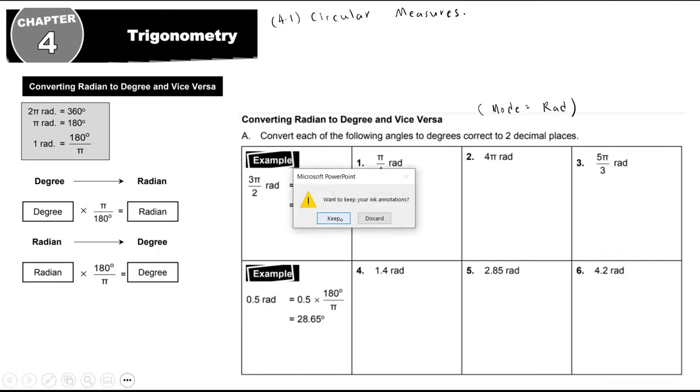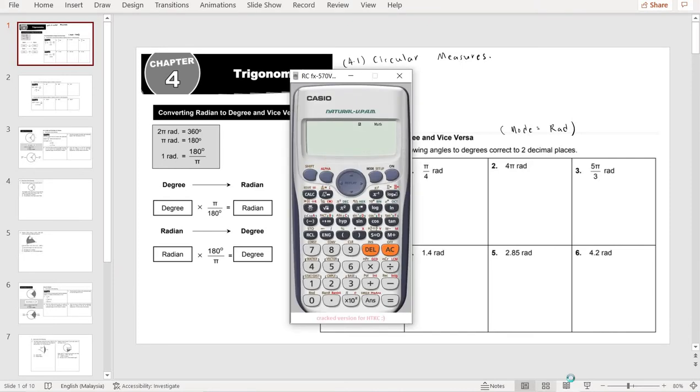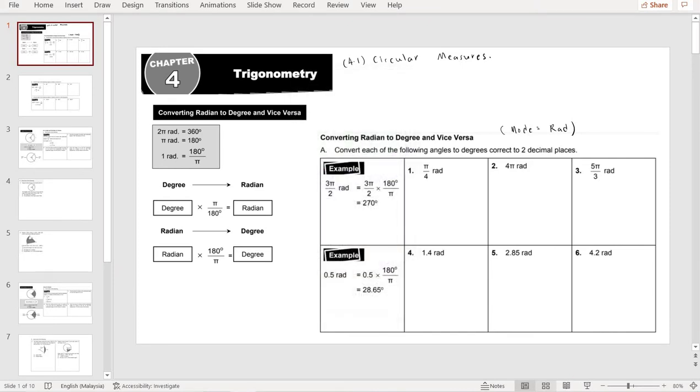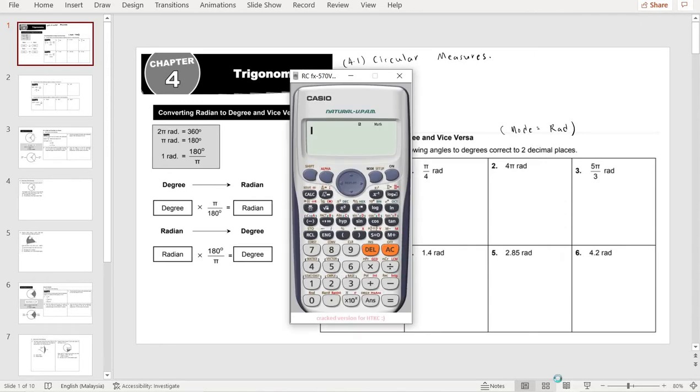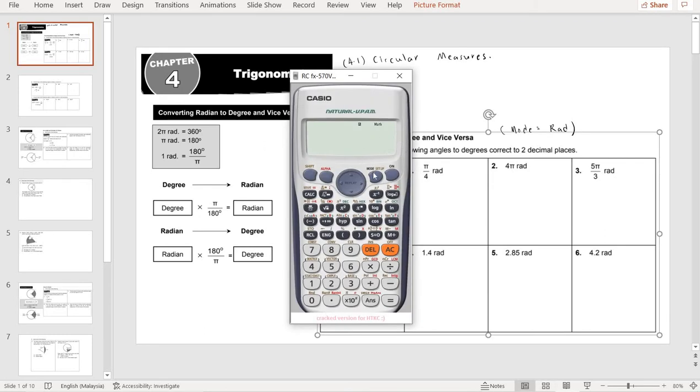Let me show you. For example, if you use this kind of calculator, to change the mode, press shift and then mode setup. Here we have number 4 for radian and number 3 for degree.